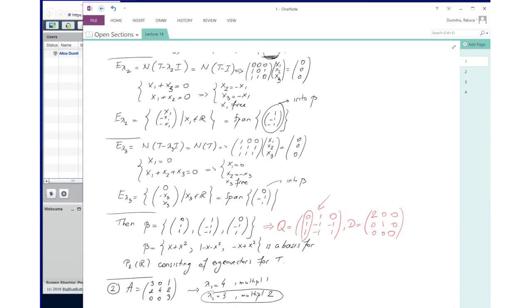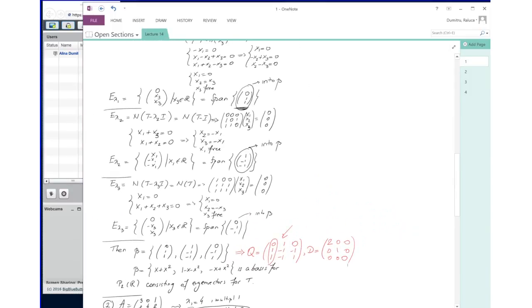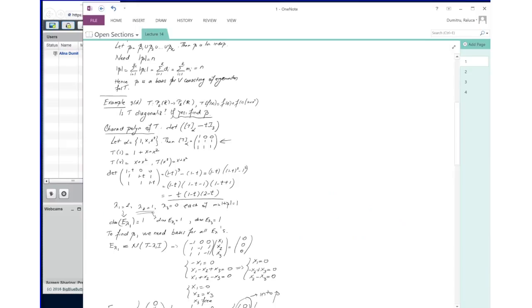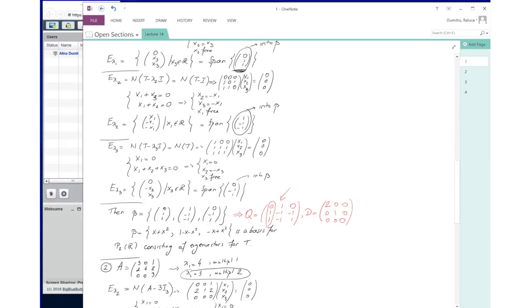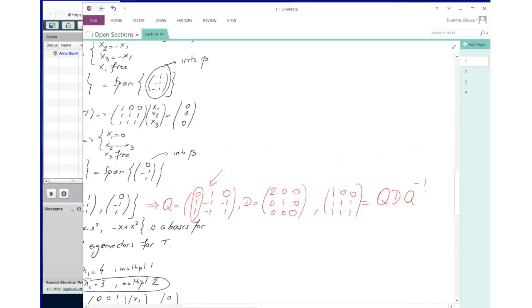So basically, with this choice of Q and that choice of D, what will happen for this matrix? It's going to be Q D Q inverse. It's going to be the same as this. I'm not going to check it, but it should work.